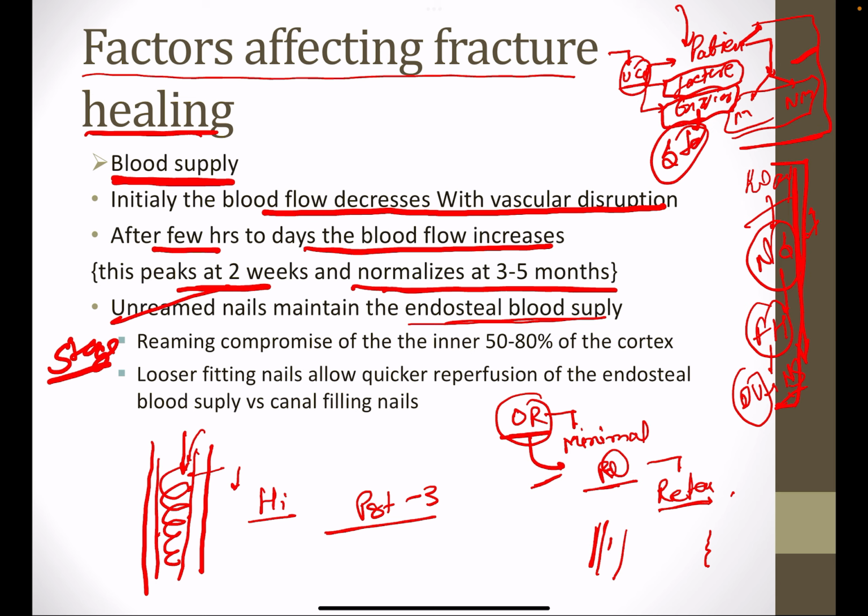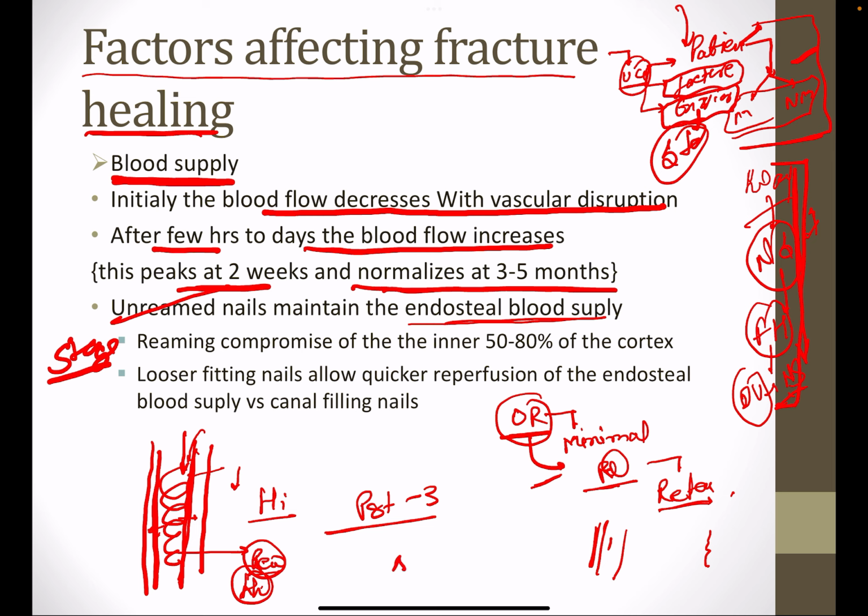And secondly, when we are putting tight canal fitting nails, it also causes pressure on the endosteal blood supply, compromising the blood supply. But this doesn't mean that reaming should not be done or a nail should be thinner.